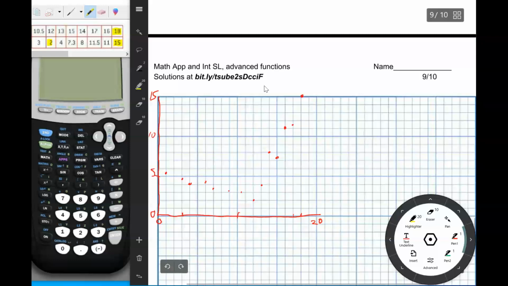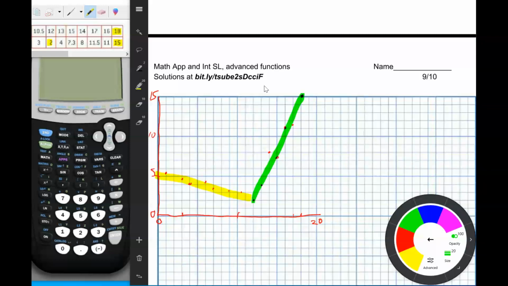So you can see that, to match a function with this, it looks like it's a line, but it looks like one of the lines is here, and the other line would be like here, right? So maybe what we could do is take all the yellow points, and include this point here, and then we'll do a linear regression for that, get an equation for a line.